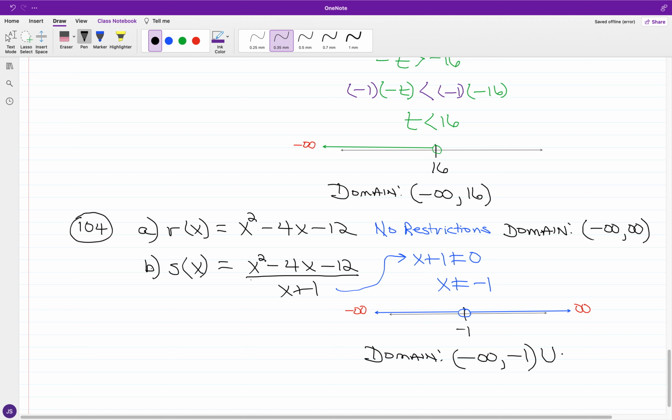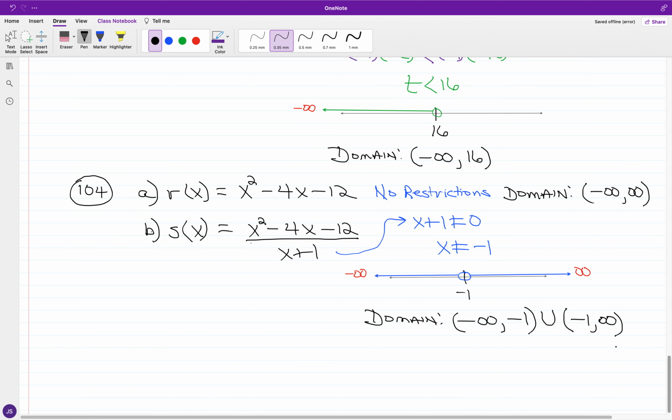And for the values of x greater than -1, you have parentheses around -1 and positive infinity. And so that would be the domain in interval notation for the function s of x equals x squared minus 4x minus 12 all over x plus 1.